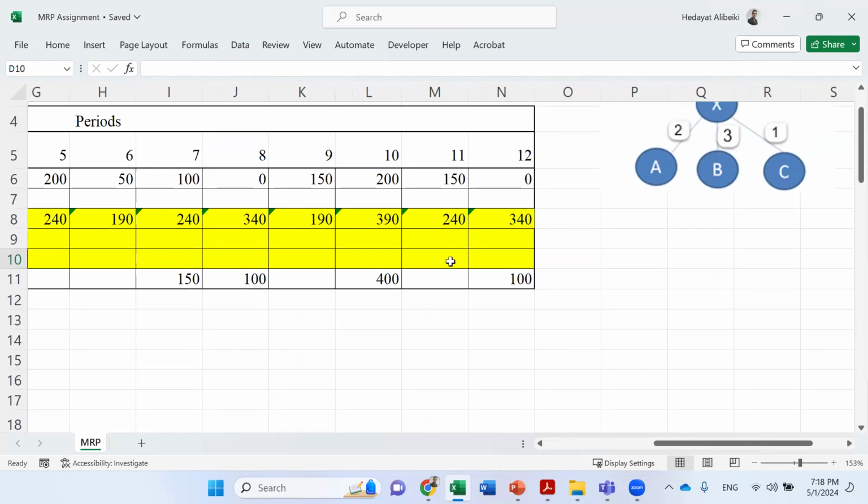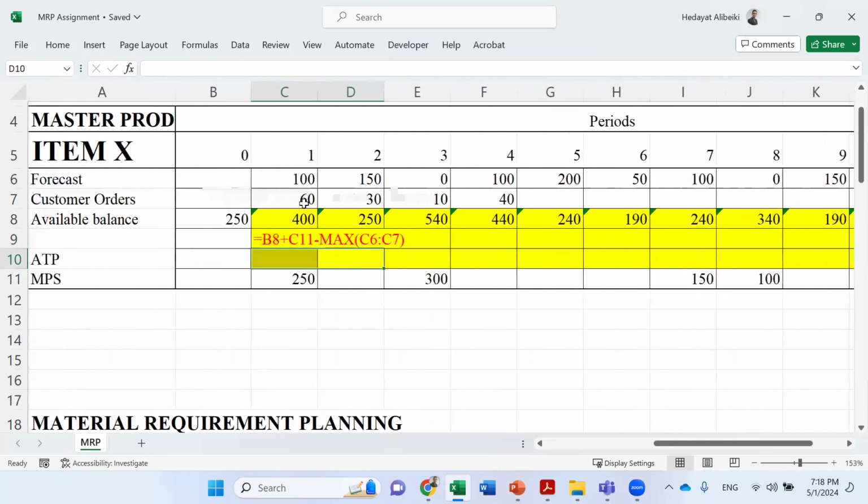So anytime that I have an MPS, I need to calculate available to promise. And then I definitely need to calculate for period 1, regardless of whether I have any MPS or not. So if this one was at period 2, then I would have done period 1, 2, 3, and so on, right? So period 1 definitely. If I don't have one, I still do it.